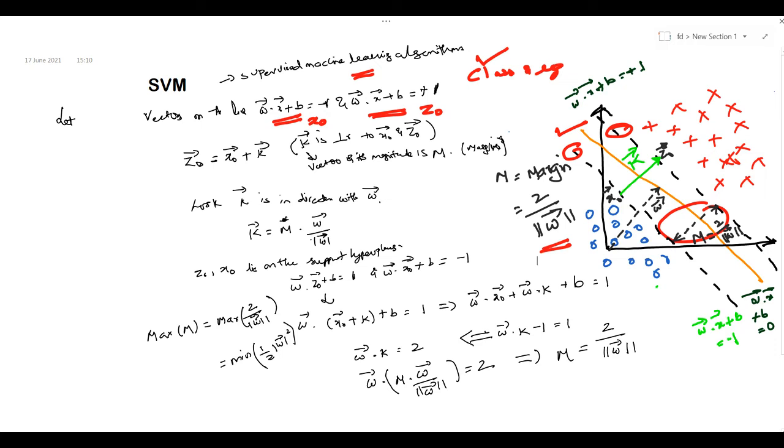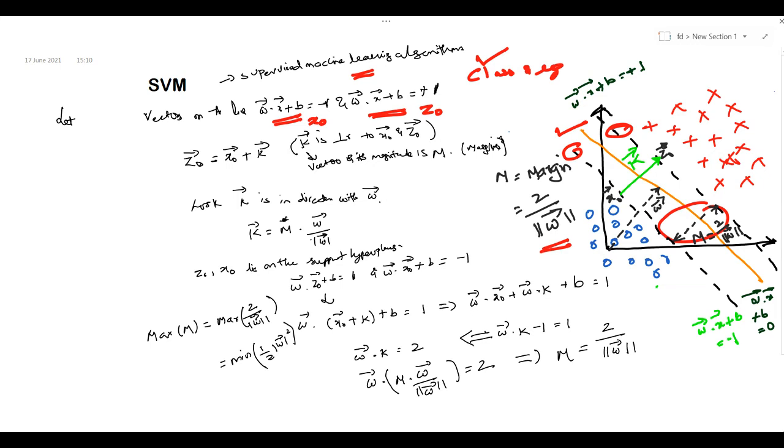Now our objective is to find the objective function of the system. As we know, these vectors z0 and x0 are lying on the lines w bar · x bar + b = 1 and w bar · x bar + b = -1.